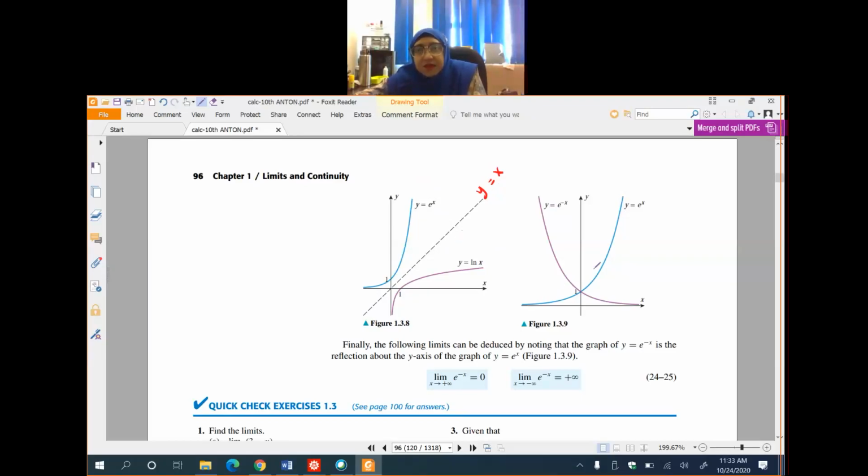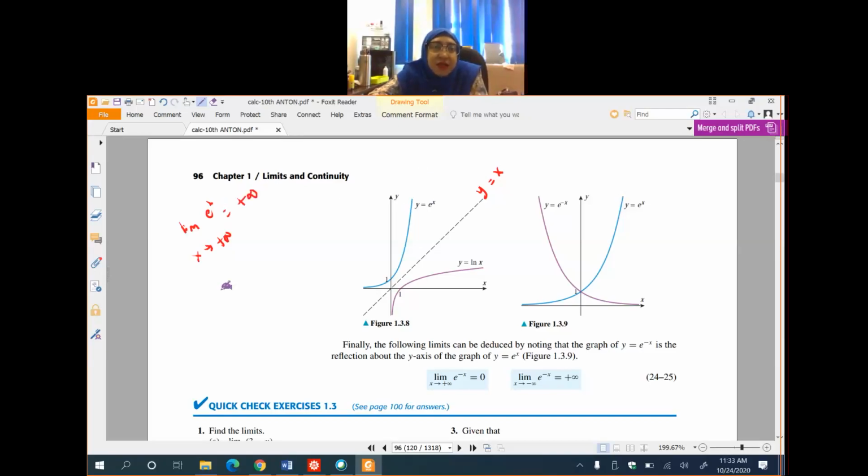And then this is the graph of y equal to e to the power of negative x. If you want to find the end behavior of this function, the limit of e to the x as x tends to plus infinity will be what? It will be plus infinity.